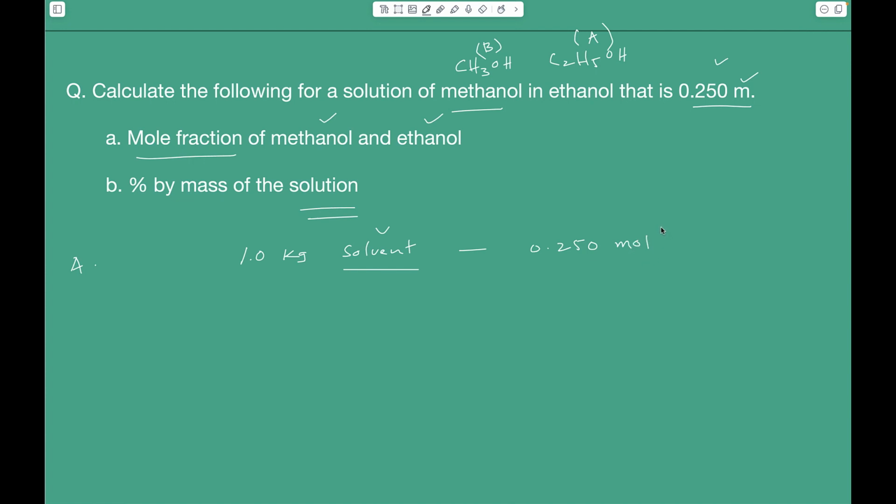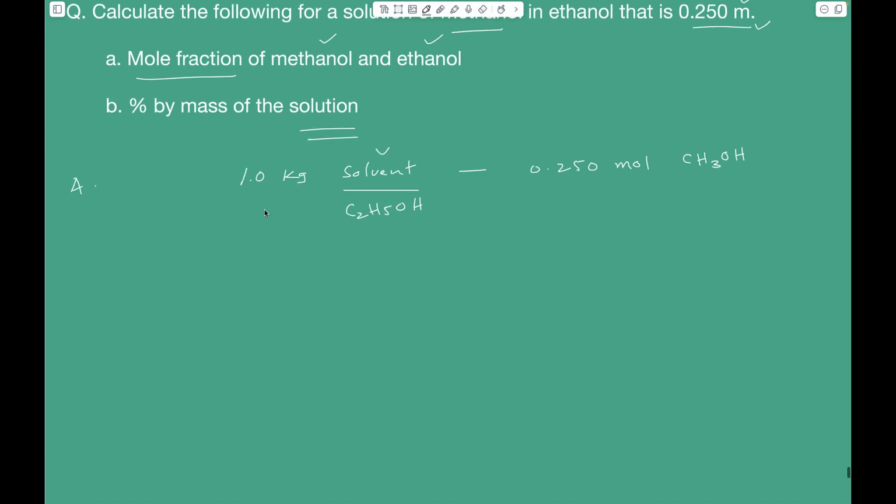Here what is the solute? Methanol, that is CH3OH. And what is the solvent here? Ethanol, C2H5OH. This is the meaning of 0.250 molal solution.